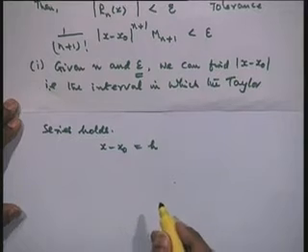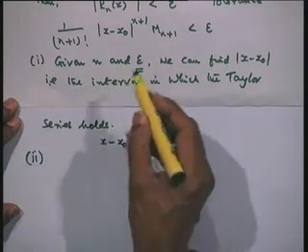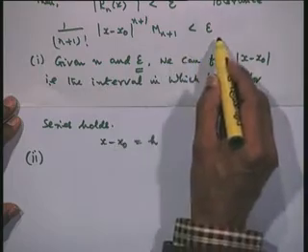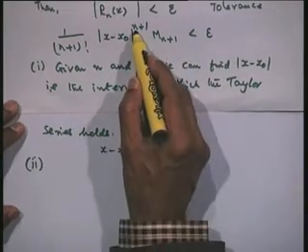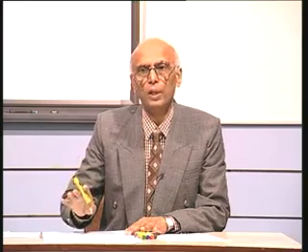Or alternatively, if you are given the interval and tolerance, then this will tell me the value of n. That means how many terms of the Taylor series you should take if you want an accuracy of say 10 to the power minus 6. So, I can say that 10 terms, 11 terms or 12 terms should be taken in order that we have this particular tolerance.